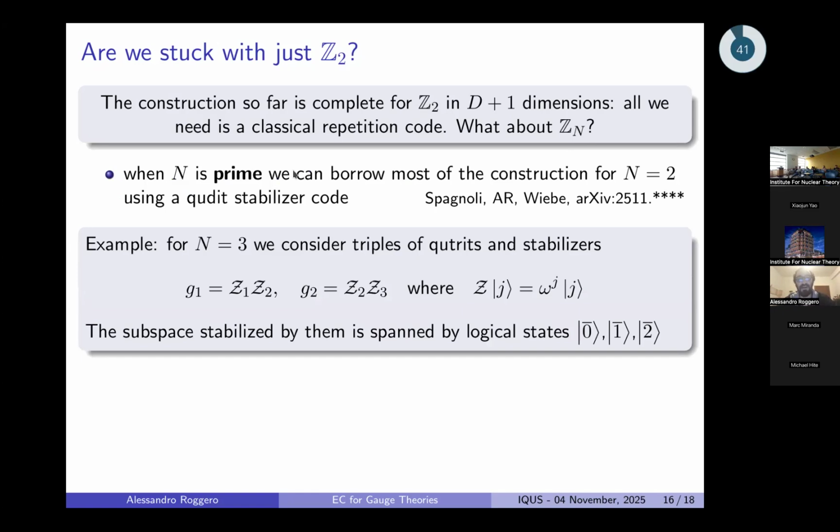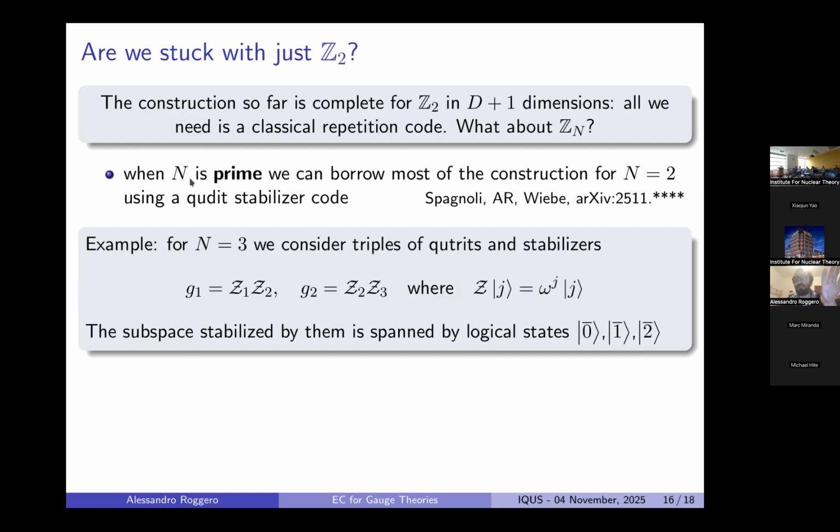Well, so when n in Zn is a prime number, okay, and you use qudits, so n-level systems, to describe like physical systems to encode your system, okay, it turns out you can carry over almost everything I told you so far, because when you have a stabilizer qubit code, you can turn it almost immediately into a stabilizer qudit code if the dimension is prime.